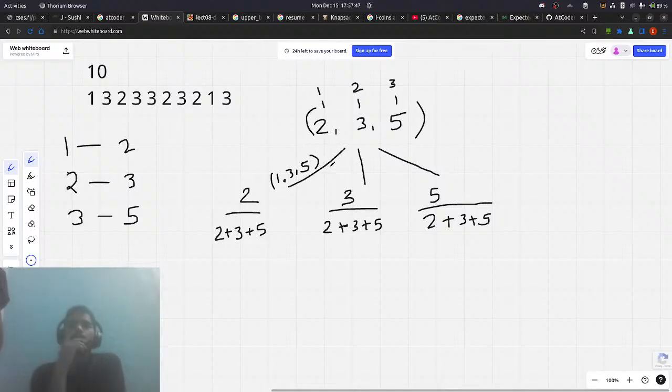So these two events are basically just one after another, right?